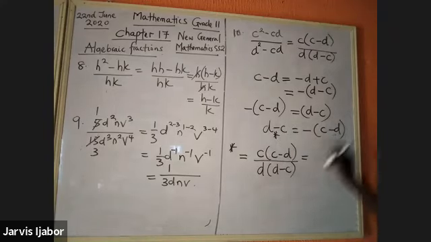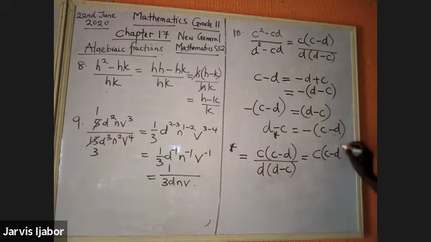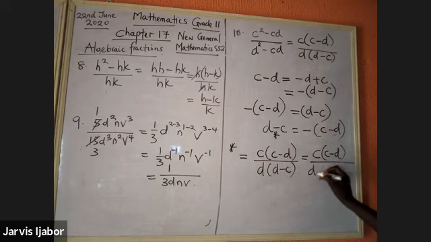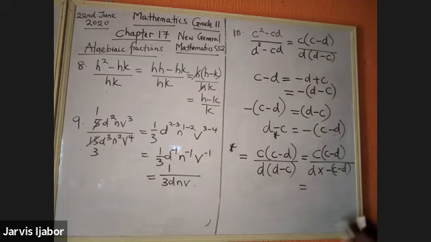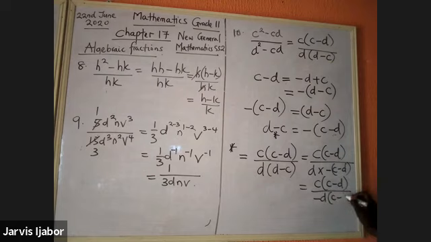So instead of writing d minus c here, I will now write c into c minus d over d times minus into c minus d. Now, positive times negative will give me negative. So I'm going to have c into c minus d over minus d into c minus d.